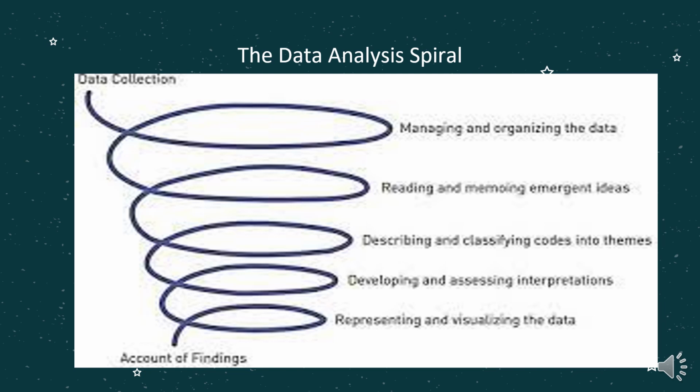One enters with data of text or audiovisual materials such as images and sound recordings, and exits with an account or a narrative. In between, the researcher touches on several facets of analysis and circles around and around. Within each spiral, the researcher uses analytic strategies for the goal of generating specific analytic outcomes.